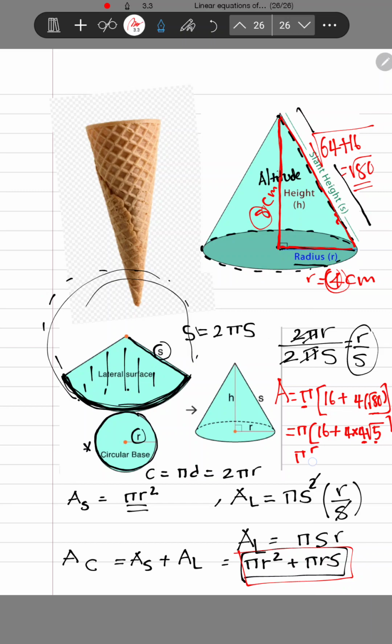So pi 16 plus 16 root 5, which is equal to 16 pi times 1 plus root 5.